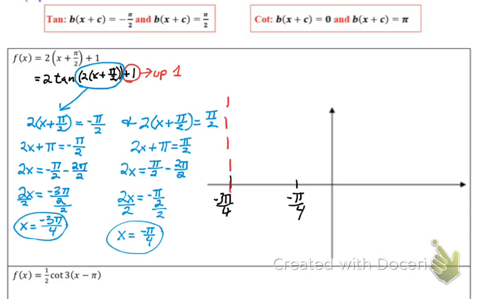Draw some vertical asymptotes through those two things. Smack a point right in the middle. And recall that tangent goes up. So tangent goes up, just like that, and you are done with that graph.